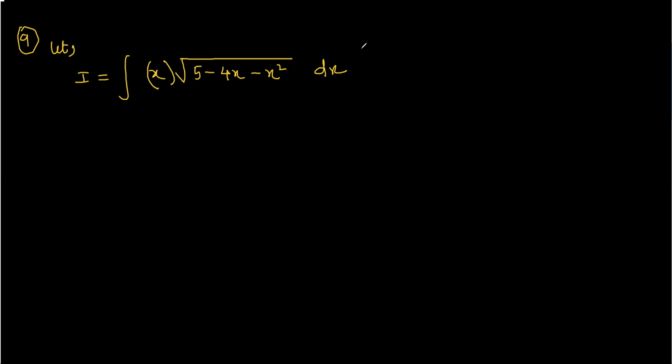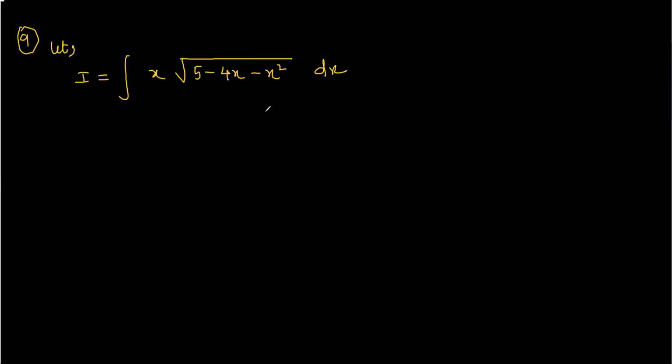Now students, you know what happens? Many a times, when students see this negative of x square, they start with making x square positive 1, because that is one of the steps. You remember, we make the coefficient of x square positive 1.